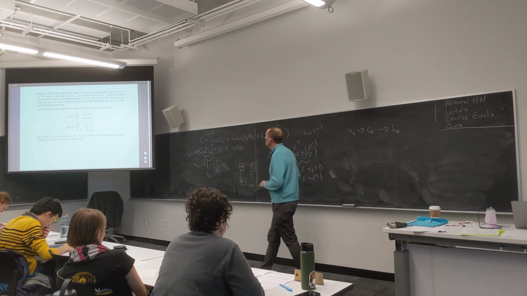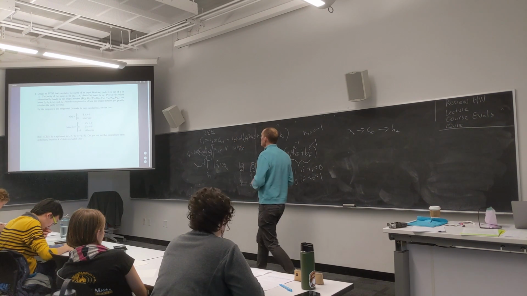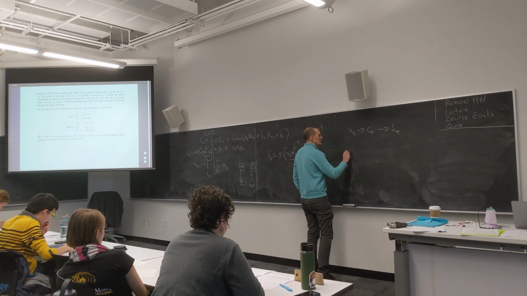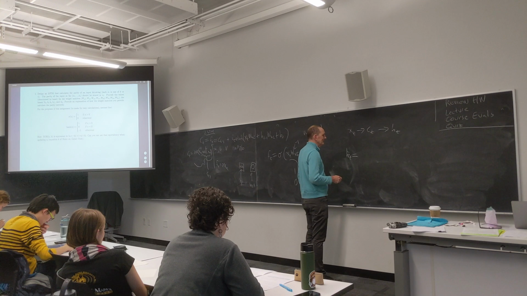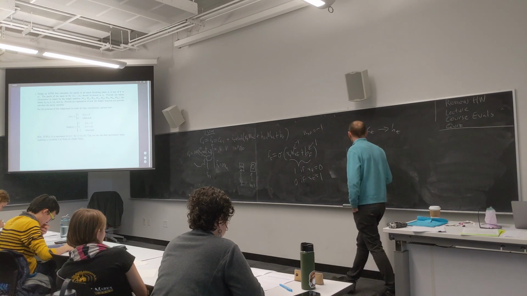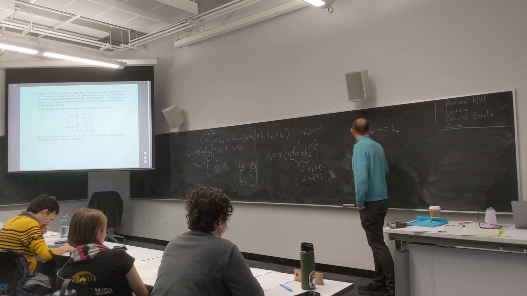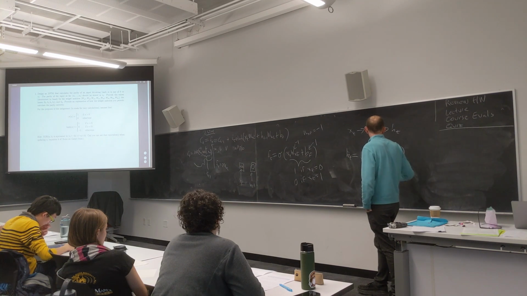What else do we know? We know that h sub t looks like a gate O sub t times tanh of c sub t, right?